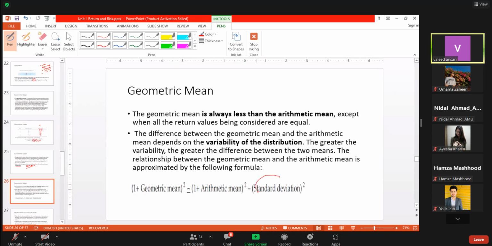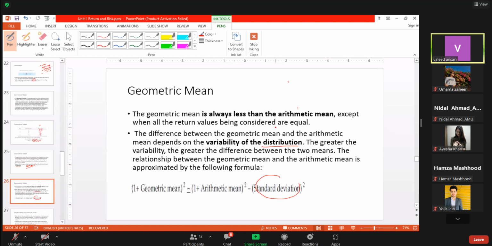Standard deviation is a measure of variability of distribution, how dispersed the returns are, because next we are going to discuss risk, and then standard deviation is going to come. The more the standard deviation, the greater will be the difference between GM and AM.